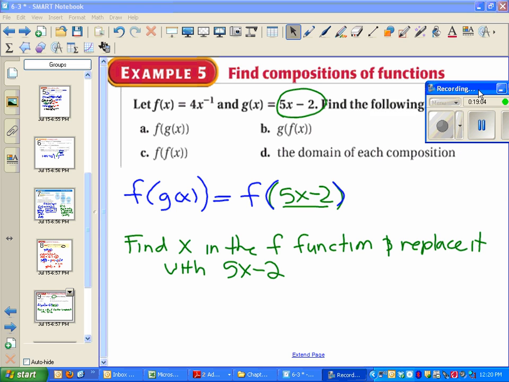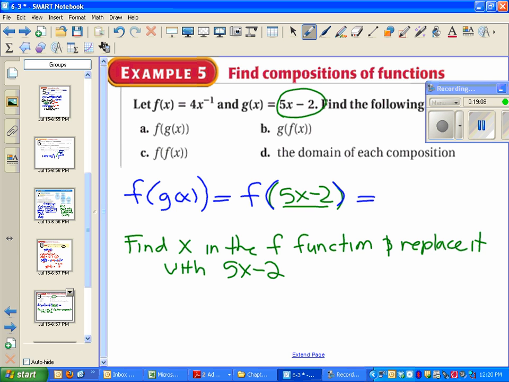So let's see, this is going to be equal to, so our f function is right here, right? So I'm going to find x, so x is right there. So that's our f function. And so this is our 5x minus 2. Now I just replaced it. And then from there, I'm going to simplify.